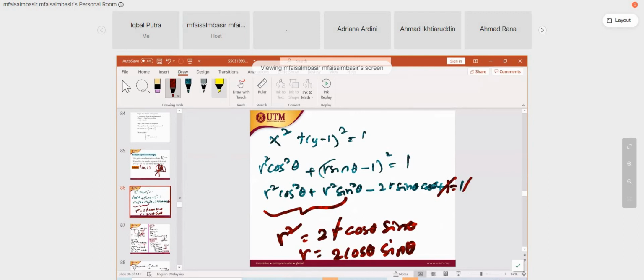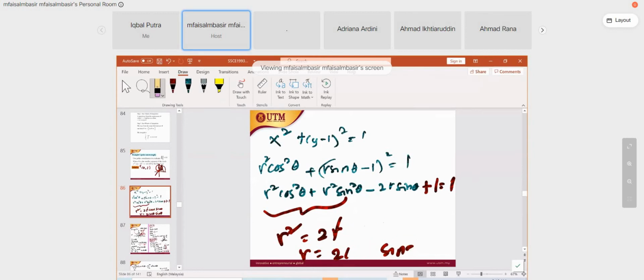This is 2 r sin theta, so no cos here. So this is plus 1. So no cos here. So your r is 2 cos theta here.